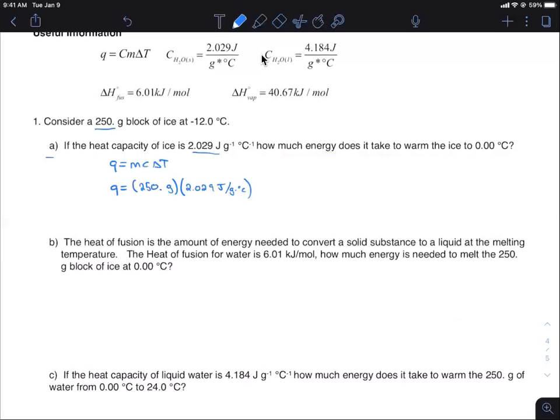And then we will multiply by our change in temperature. Remember, the change in temperature is always going to be final minus initial. Our delta T is going to be the final temperature, which is 0 degrees Celsius, minus the initial temperature, which was negative 12 degrees Celsius. So delta T overall is 12 degrees Celsius.